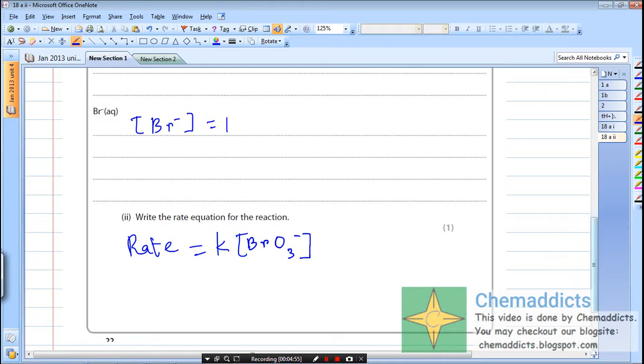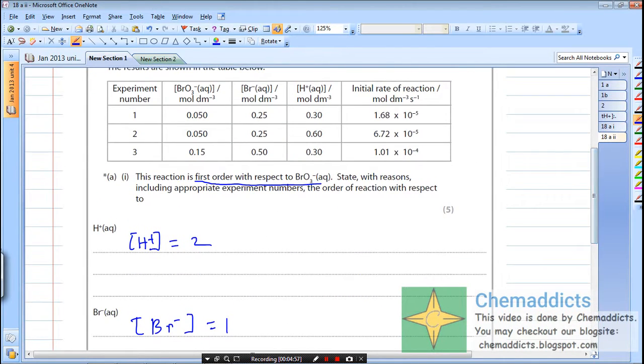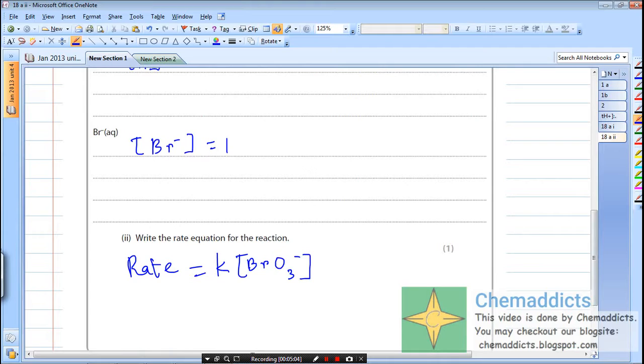Okay, since the order of BrO3 minus is 1, this should be like this. Now let us write H plus, the concentration of hydrogen. So this should be 2, and this is bromide. I repeat, bromide.